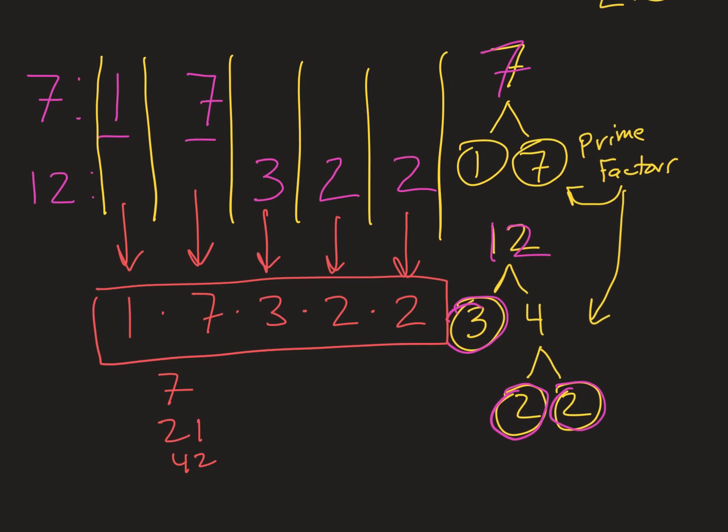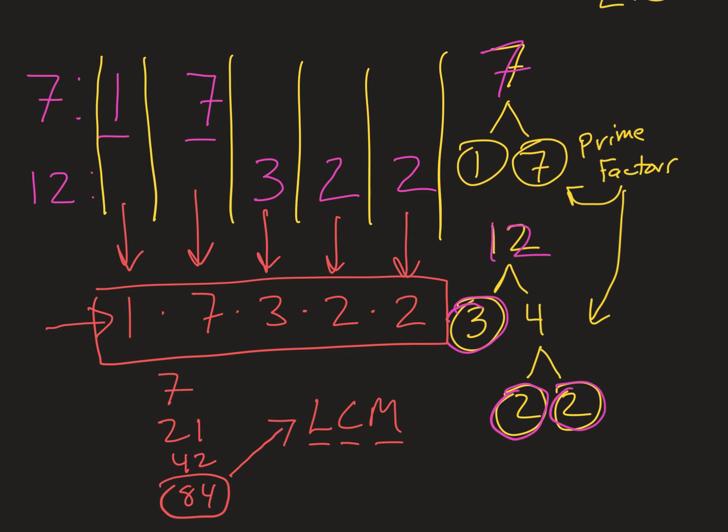And 42 times 2 is 84. All I did was go through and multiply, and I get 84. So 84 would be my LCM, the least common multiple.